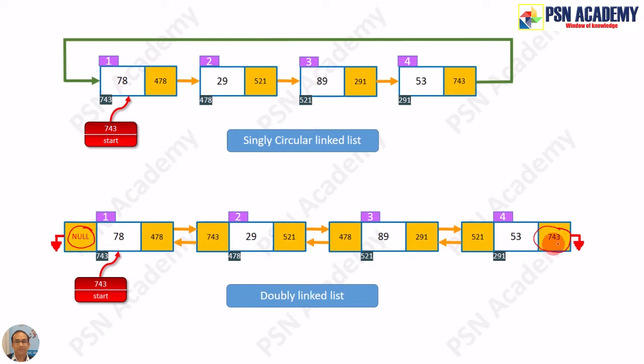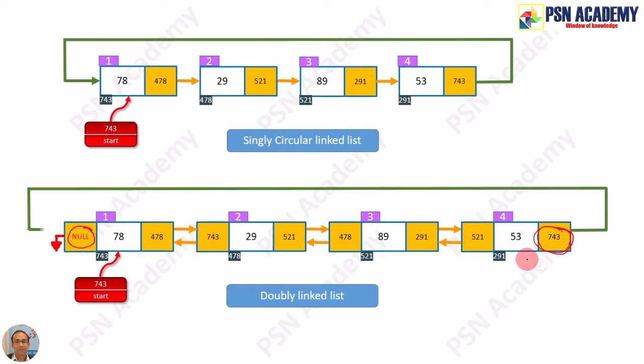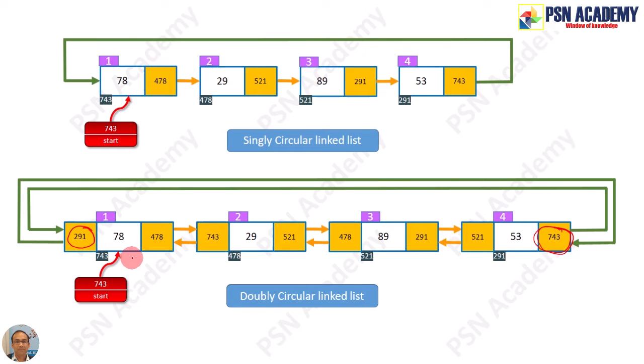Now, if you change this null pointer here with 743, then this will point back to the first node. And here, if you replace this null pointer with 291, the address of the last node, then this will be pointing to the last node. So you have got doubly circular linked list.